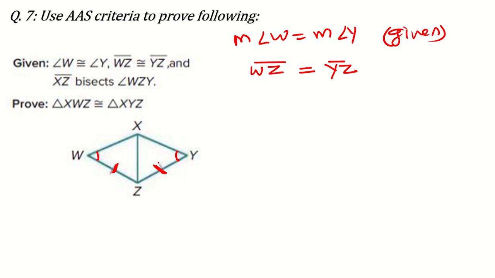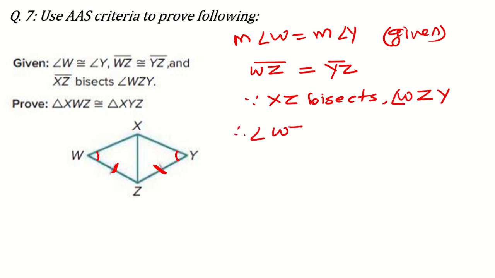So since XZ bisects angle WZY, it means angle WZX should be equal to angle XZY, meaning these two angles should also be equal.